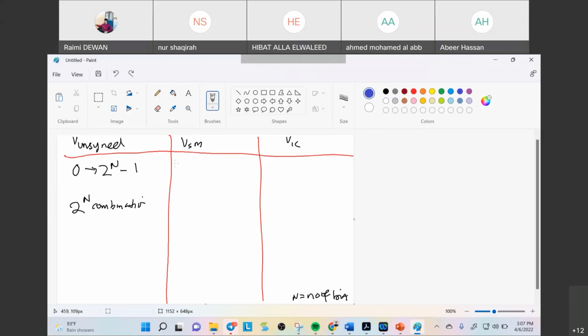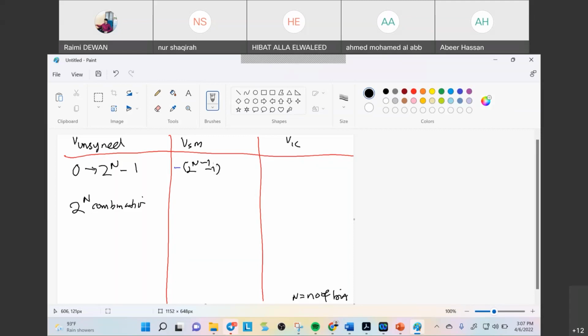I put it here so that you can see the color. So, -2 to the power of n minus 1, minus 1.